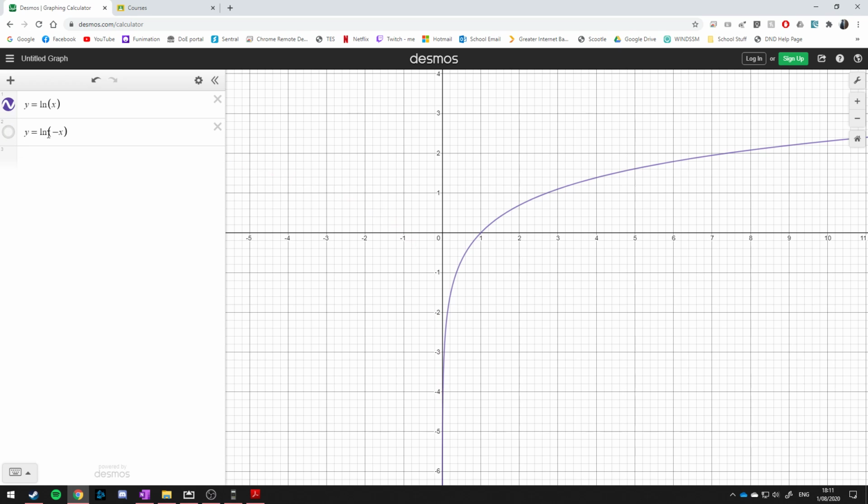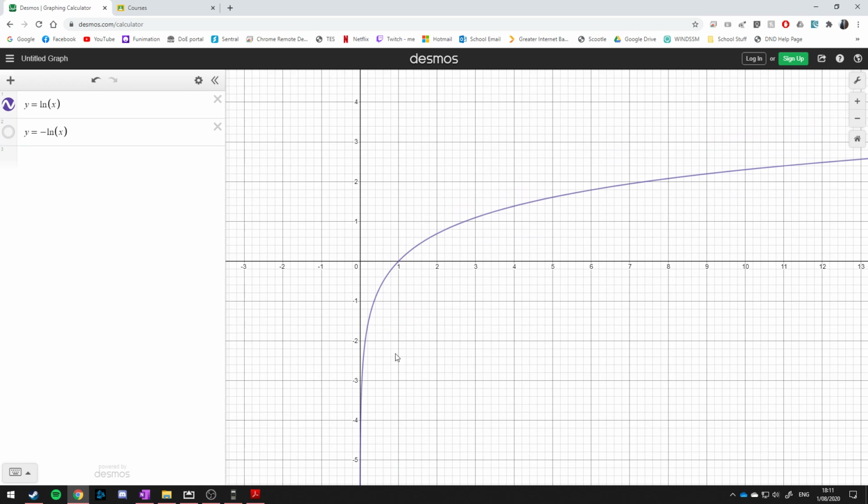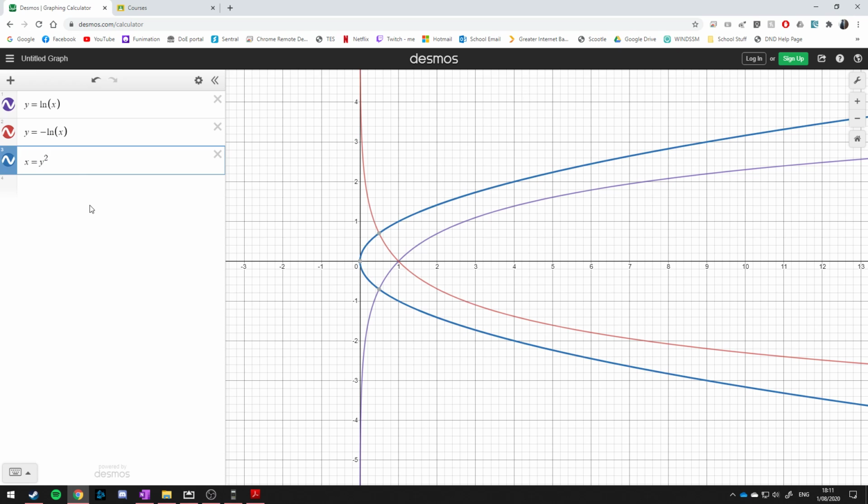Okay. Now let's do the other easy one where we take the negative of log of x. For this one it's a similar sort of thing, but it's reflected on the x-axis, and there it is. Now remember before we talked about exponential functions and the parabola, well, we do have another parabola in this case, a sideways parabola.